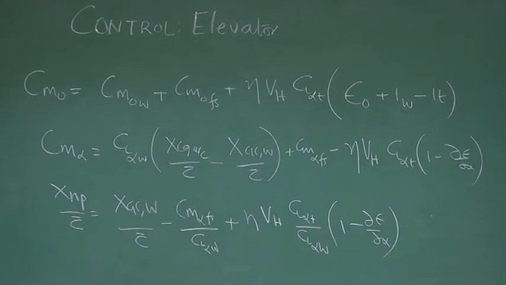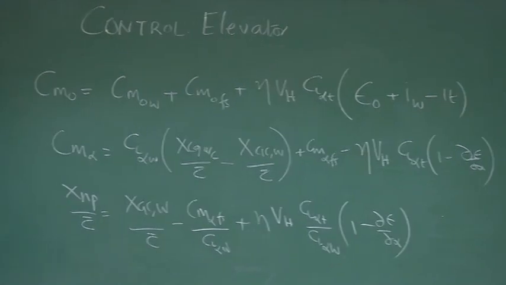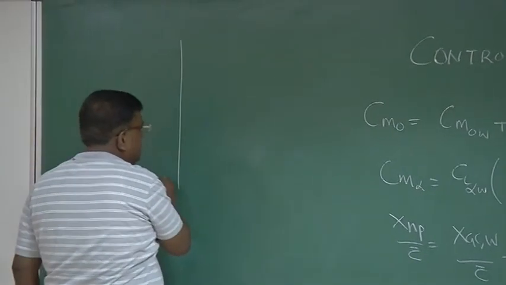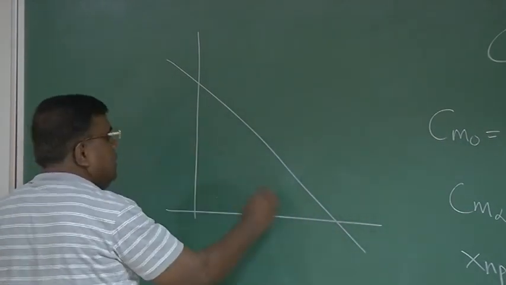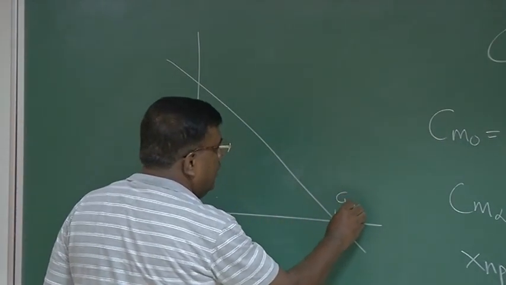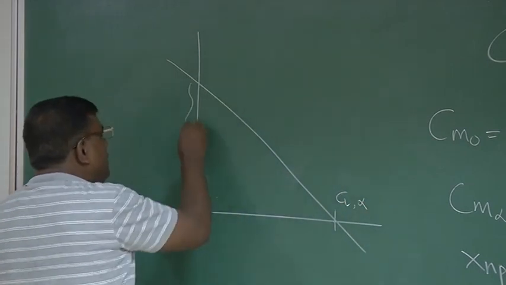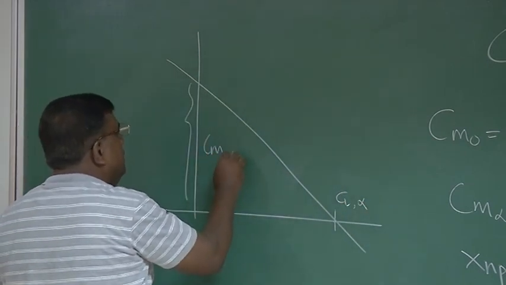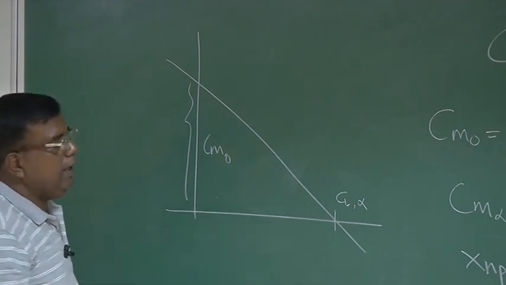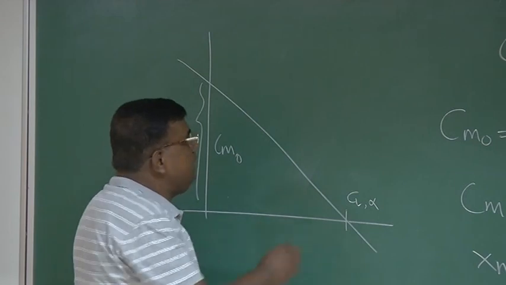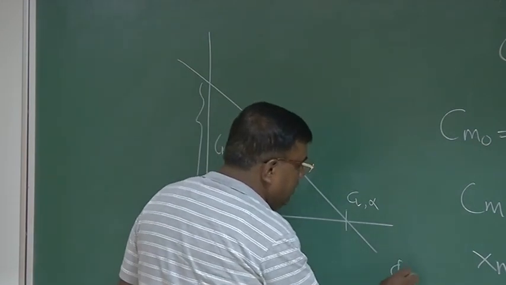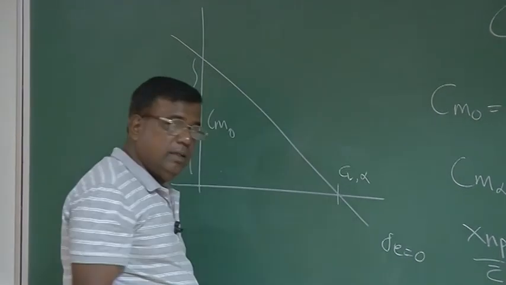Okay? What is Cm naught? We know that if I want to fly at some CL or alpha, I need a particular value of Cm naught. We also have agreed that if I have designed the airplane efficiently, I should automatically get the Cm naught without giving any elevator deflection.